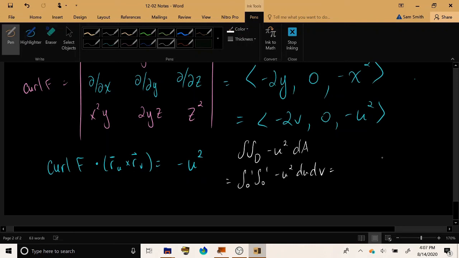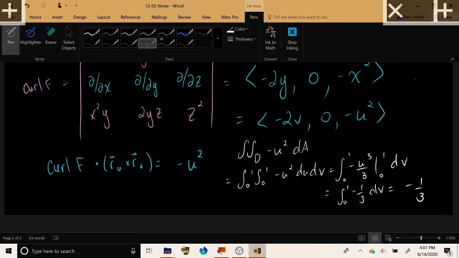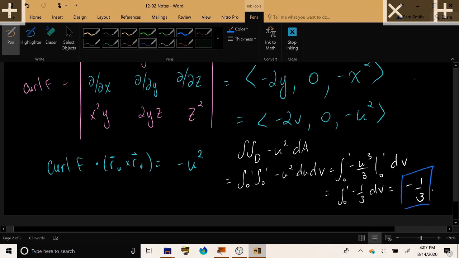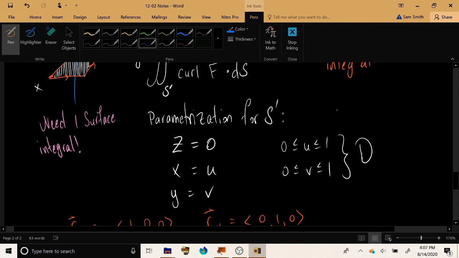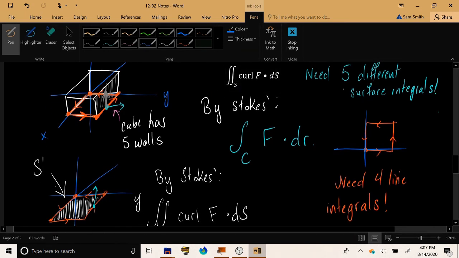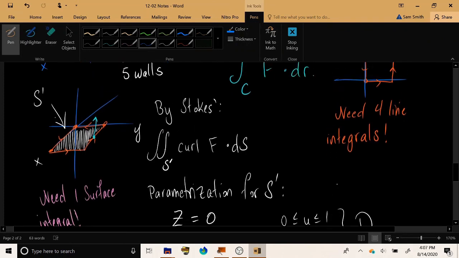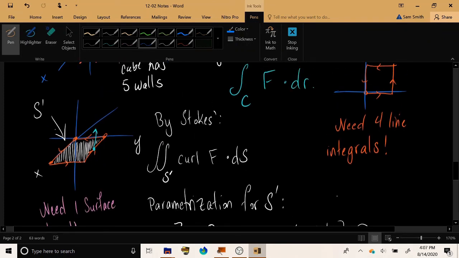And so we get negative u cubed over 3 from 0 to 1, which is negative 1/3 integrated from 0 to 1, which is negative 1/3. And that number is the result of calculating the flux of curl F through this box with its bottom cut off. Same number that we would get by calculating the line integral of F over the boundary of the square, which in turn is the same as calculating the surface integral over this convenient square.